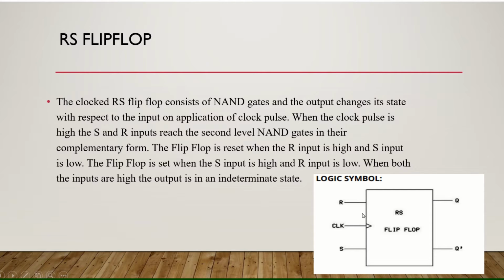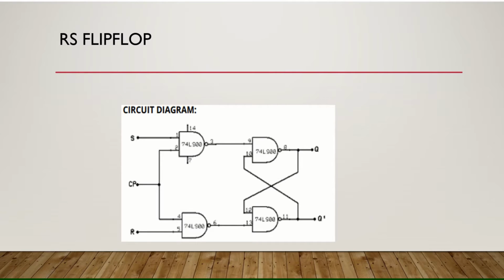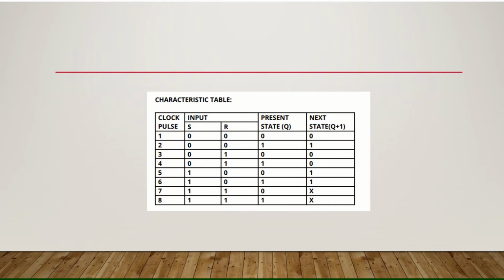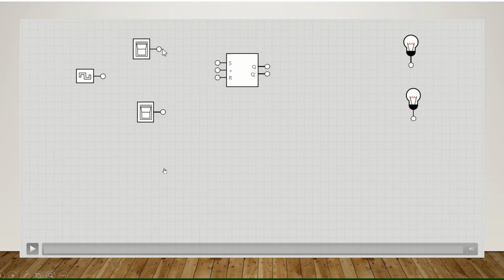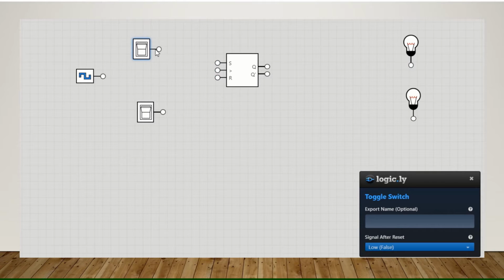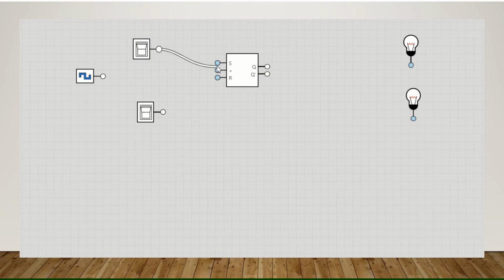This is the logic symbol for the RS flip-flop. Here's the circuit diagram and the characteristic table. Next, we'll see the simulation for the RS flip-flop. For that, we need 2 toggle switches, 1 clock, 1 SR flip-flop and 2 bulbs.